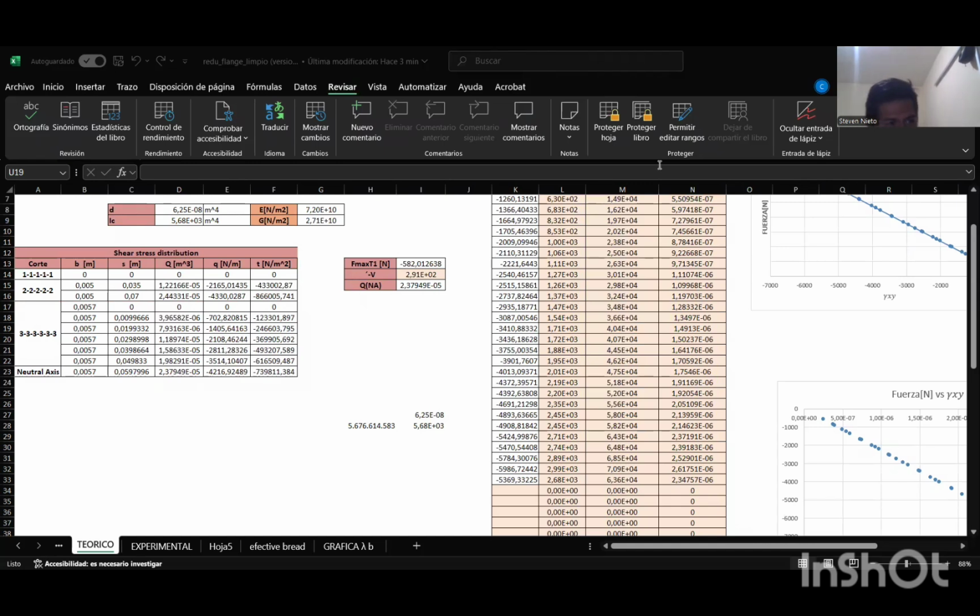Analysis of results. In the shear stress distribution, a progressive increase in shear strain was observed as the load applied by the hydraulic piston increased. This confirmed the beam absorbed the shear force as predicted by the classical theory. The comparison with the theoretical model is shown in the effective rate.